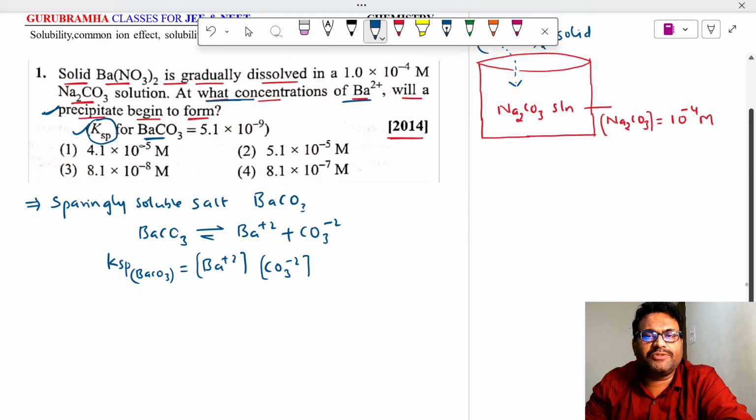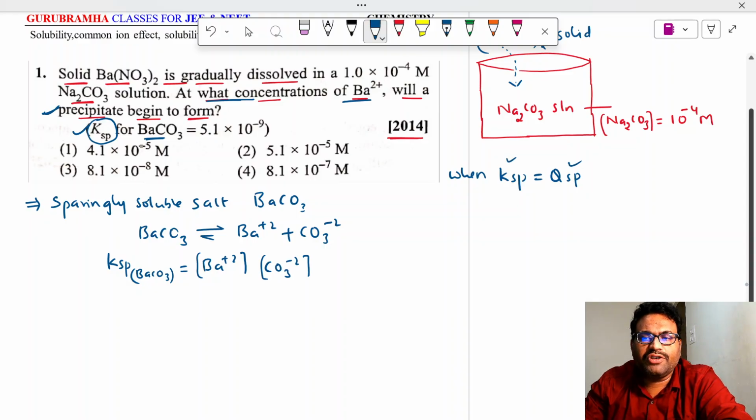From the concepts of solubility and solubility product, we have studied that when KSP is equal to QSP, precipitation of the sparingly soluble salt will begin. What is QSP? Ionic product.